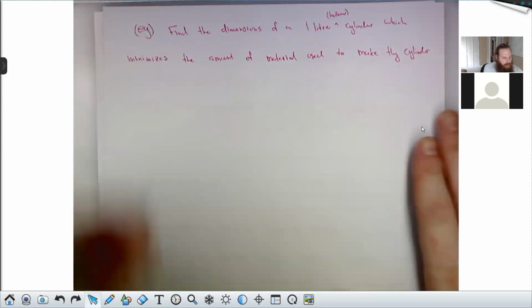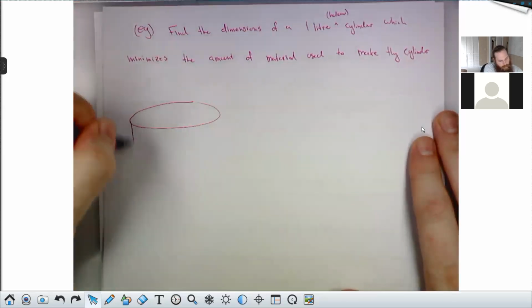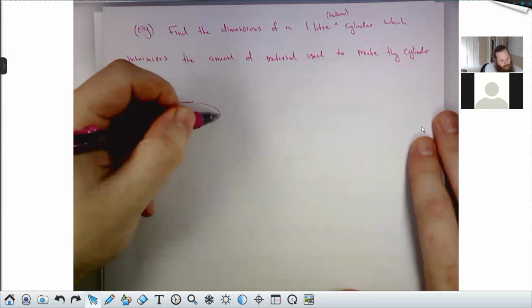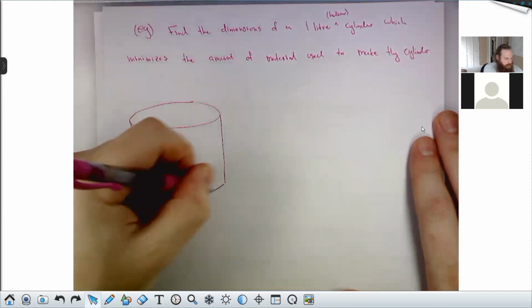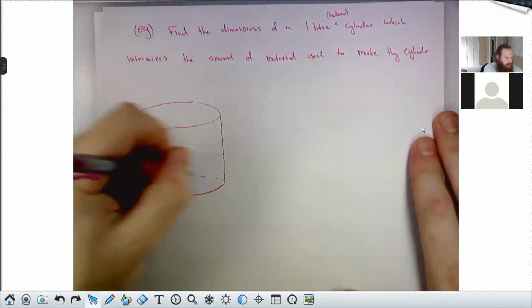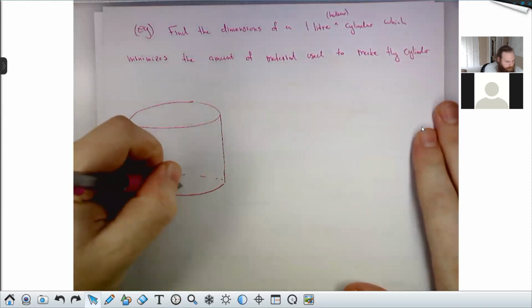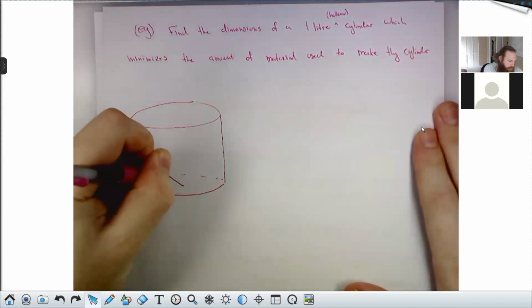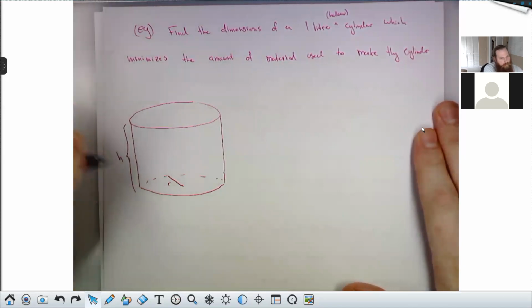So let's picture our can. It's a hollow cylinder, a cylindrical shell, looking something like this. It has a radius, r, and a height, h.